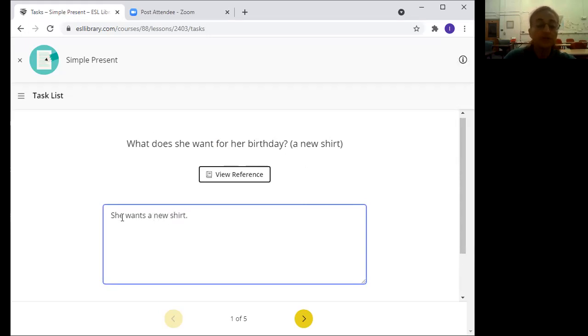So as you can see, we added this S here because in an affirmative sentence, we are not going to use a helping verb. It is only used for negatives and questions. And we need this indication of a third person singular. So here we have: she wants a new shirt.